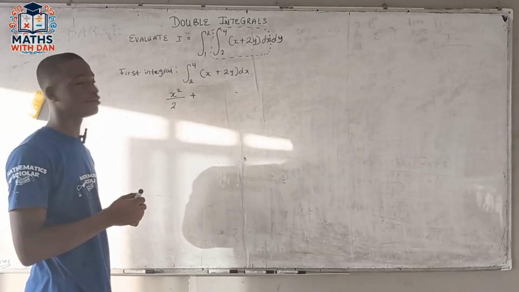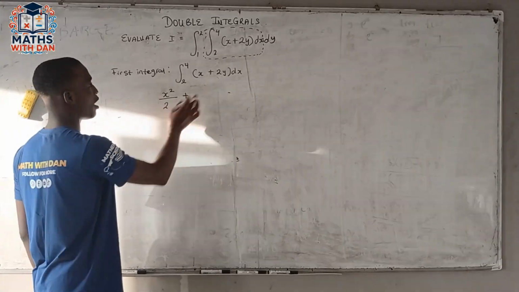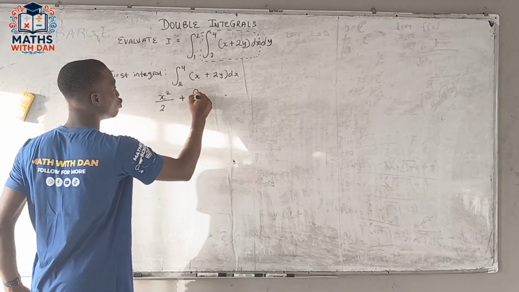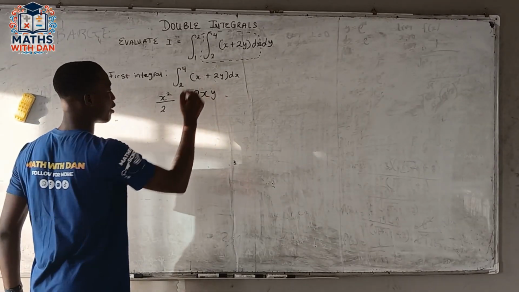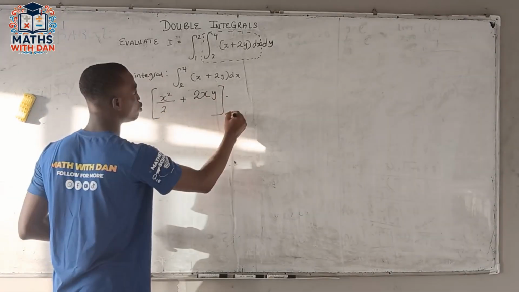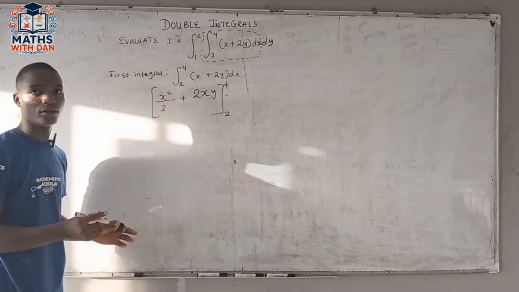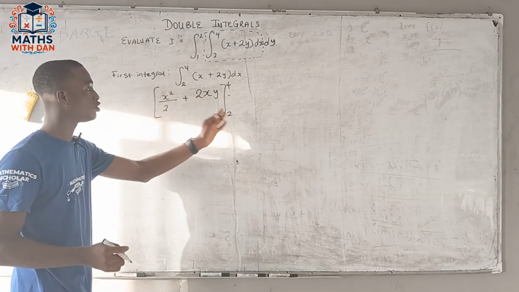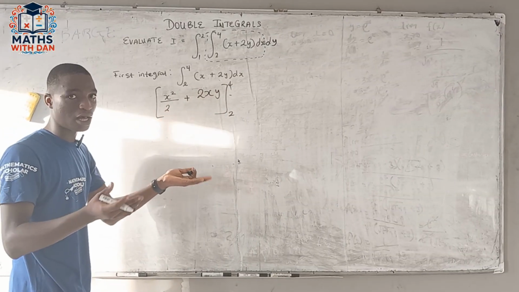So now we are going to integrate this. If you are integrating 2y with respect to x, you are going to have 2xy. Right? So what's the boundary? 2 to 4. Do you understand? So we are going to substitute for the upper limit and for the lower limit.